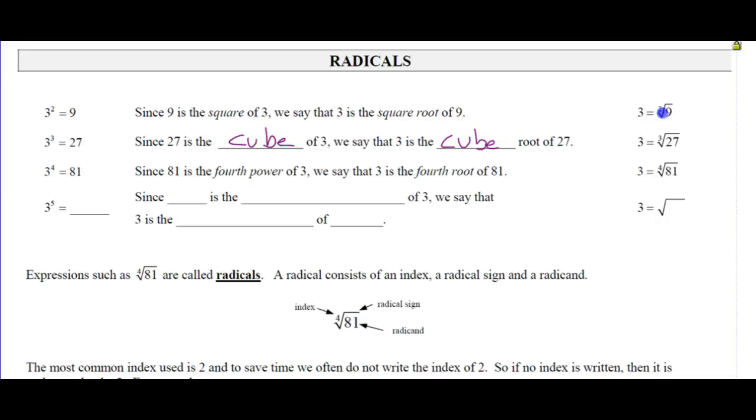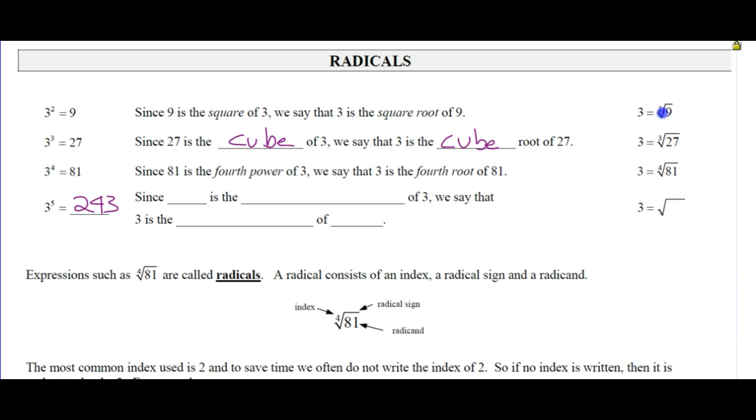So 3 is the square root of 9, the cube root of 27. 3 is the fourth root of 81. 3 to the fifth is 243.